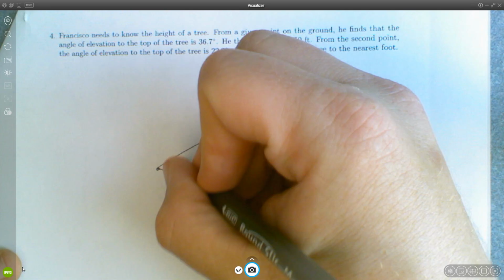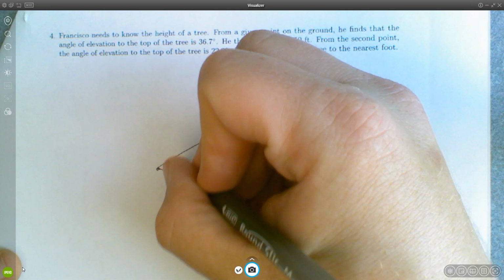Find the height of the tree to the nearest foot. So I'll call the height of the tree h. And I guess we're assuming that the tree stands straight up. So this distance from here to here is 50, and this distance from here to here is x. That means this distance from here all the way to here is x plus 50, right?